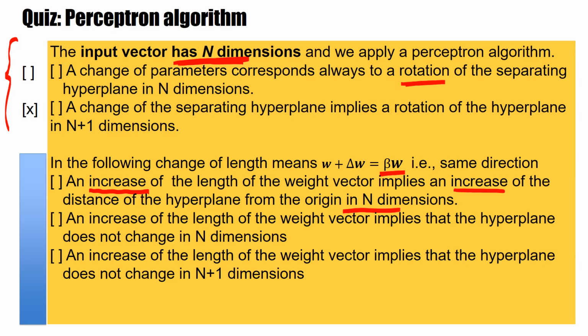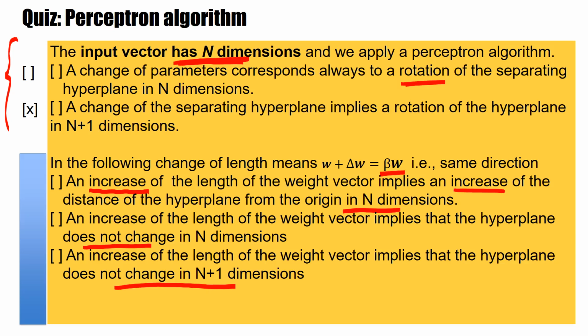Second, an increase of the length of the weight vector implies that the hyperplane does not change in n dimensions. Third, an increase of the length of the weight vector implies that the hyperplane does not change in n+1 dimensions. So think about it for a moment, pause the video.